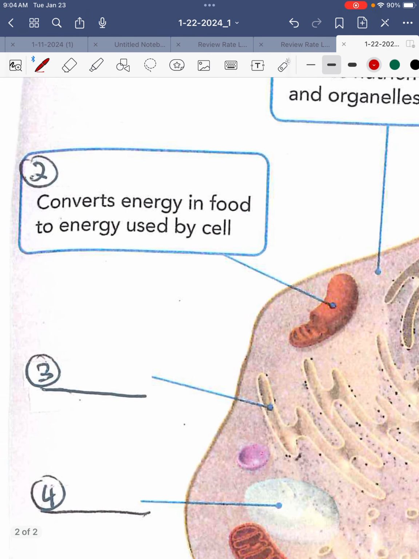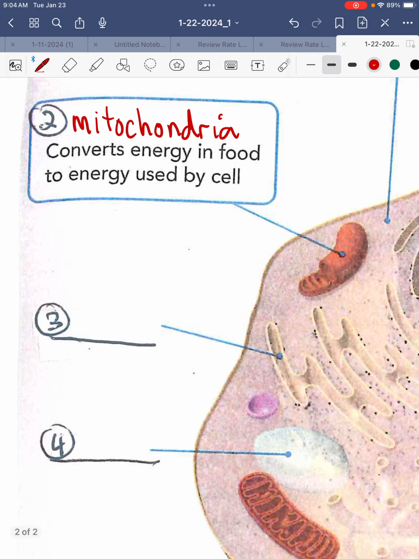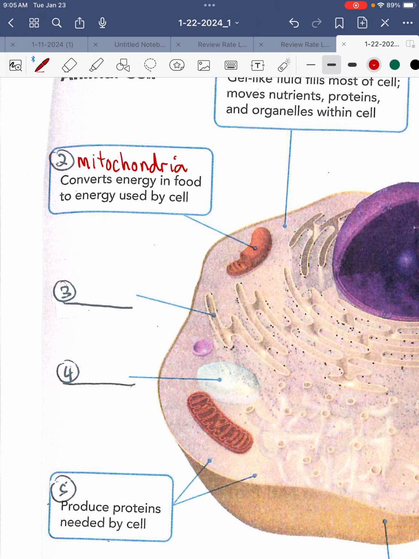Here's that hot doggy guy. This is the mitochondria. And the mitochondria, of course, converts food energy into usable energy. And you can see there's another one right down here.